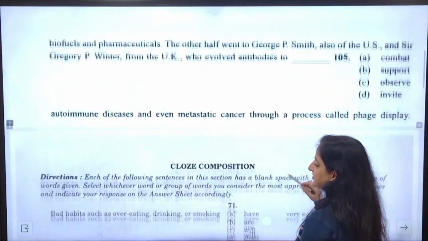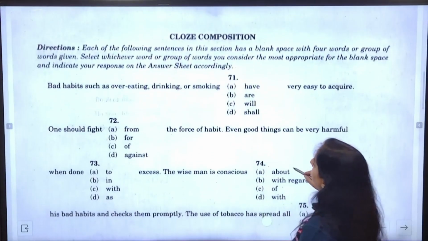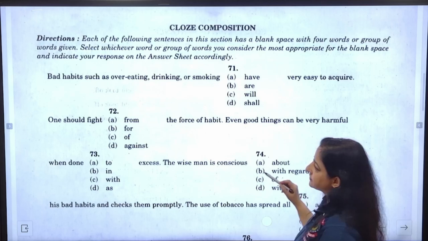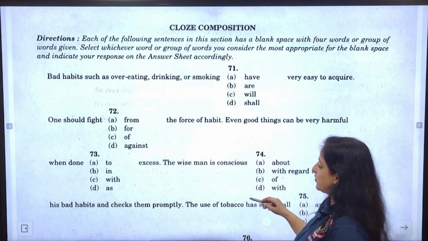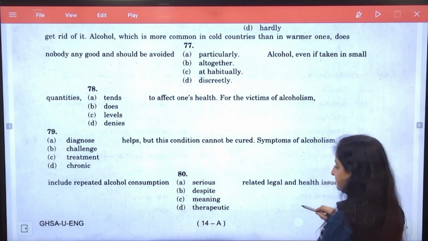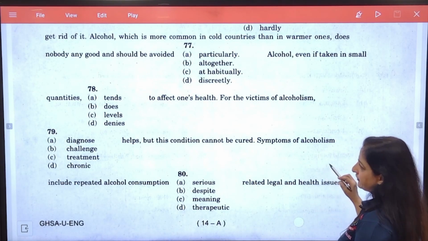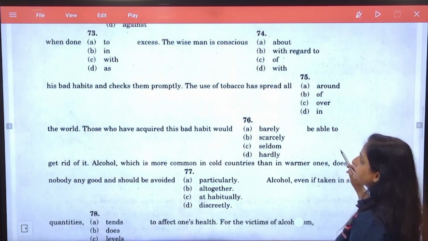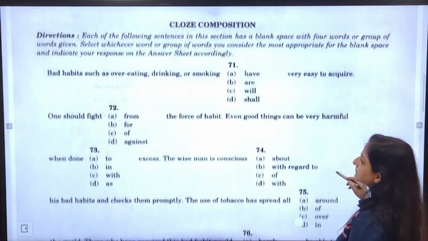All right, second passage. So it has something about habits. 10 questions are there. So if you want, you can take a picture first.